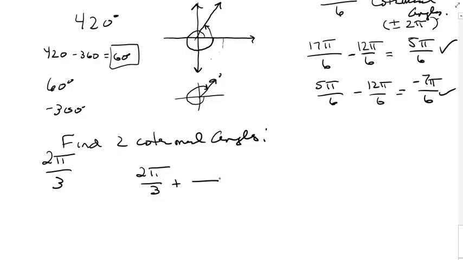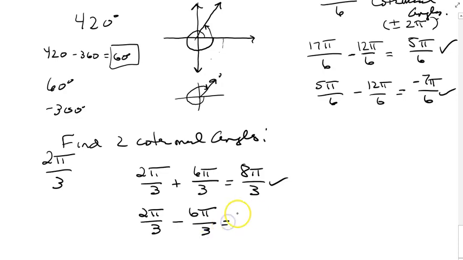So say to yourself, what's the equivalent fraction of 2 pi if I want something over 3? That would be 6 pi over 3. So 8 pi over 3. There's 1. And then I can take 2 pi over 3, if I ask for a positive and a negative, subtract 6 pi over 3, and get negative 4 pi over 3. And you can sketch those angles out on your own and see how they are coterminal.